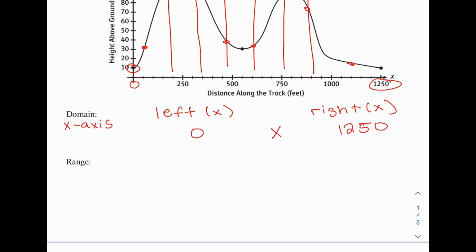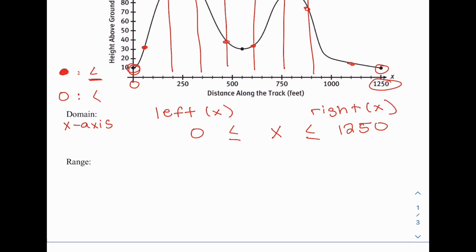And x is in the middle. If you remember earlier in the year, we talked about how closed circles mean that I put a line underneath my inequality sign, and open circles mean I don't have a line. So as you can see, we have closed circles at both the leftmost point and the rightmost point. So I'm going to put lines underneath my inequality signs. That is my domain.